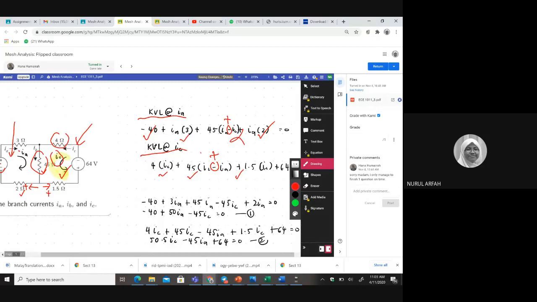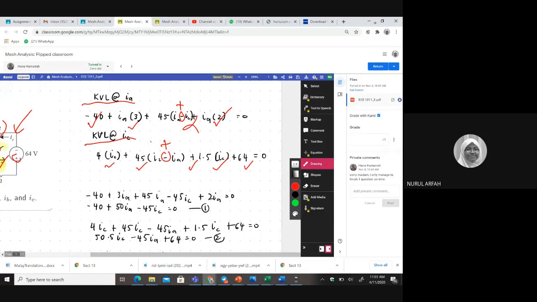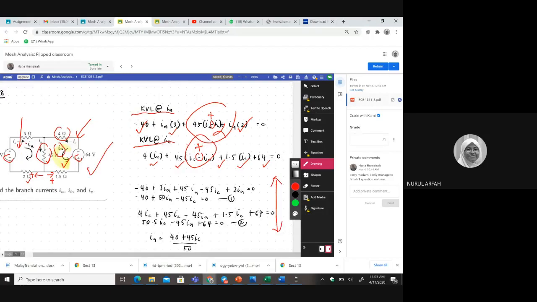Into this passive element should be a plus, so the plus sign correct, and this also correct. And then you have a plus here, plus 64, and this one also correct. And because of this and this wrong, then the whole thing here wrong. And I will give you marks on this part, and there's no marks for this side.